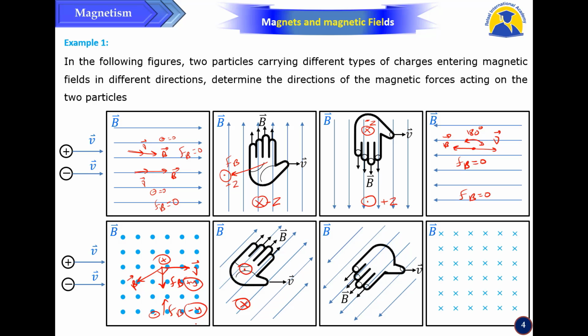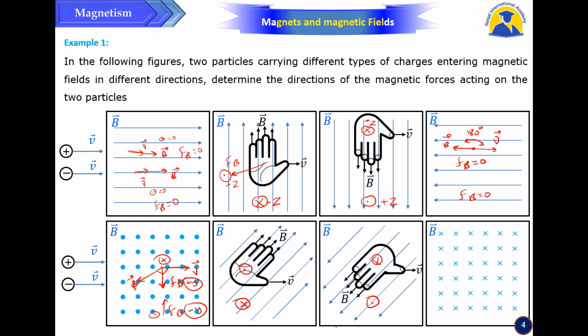For the seventh case, the direction of the magnetic field will be the direction of the four fingers, and the direction of velocity will be the direction of the thumb. So here the direction of force will be inside the page, which is X, while for the negative charge it will be outside, which means dot.